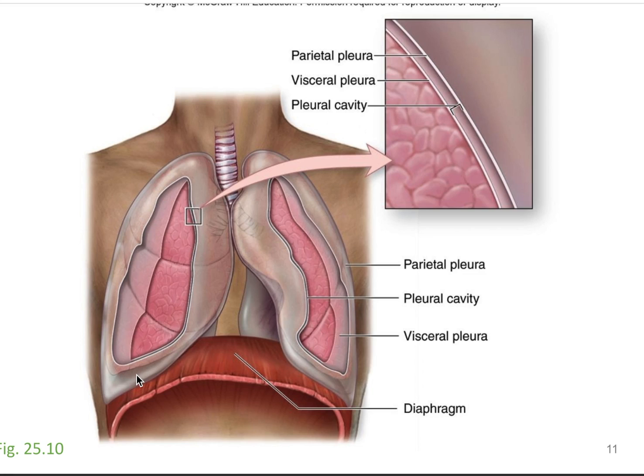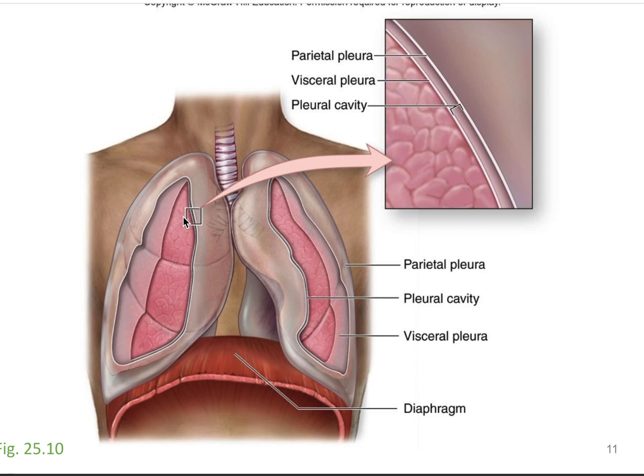So when your ribs expand and they pull this parietal pleura, there is serous fluid in between the 2 layers in what's called the pleural cavity. And so it allows for the visceral pleura to be pulled along with the parietal pleura, which then causes the lungs to expand because that visceral pleura is attached to the lung tissue.